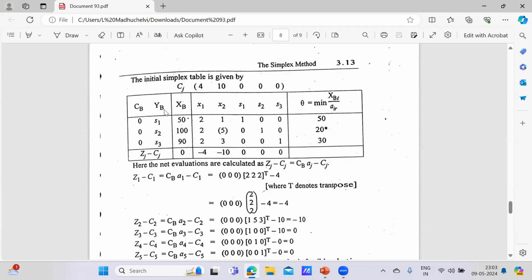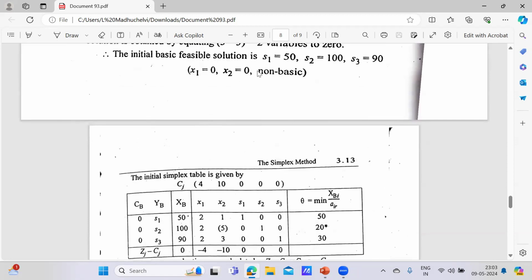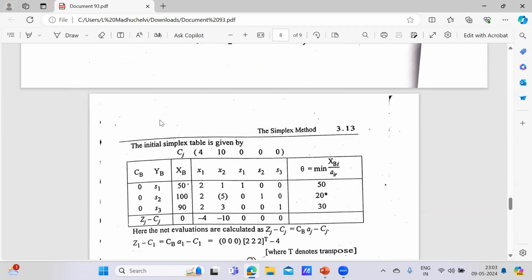Next column is YB, the basic variables column. Here we enter the basic variables S1, S2 and S3. In the XB column, we enter the values of the basic variables. In the initial basic feasible solution, S1 equal to 50, S2 equal to 100 and S3 equal to 90.